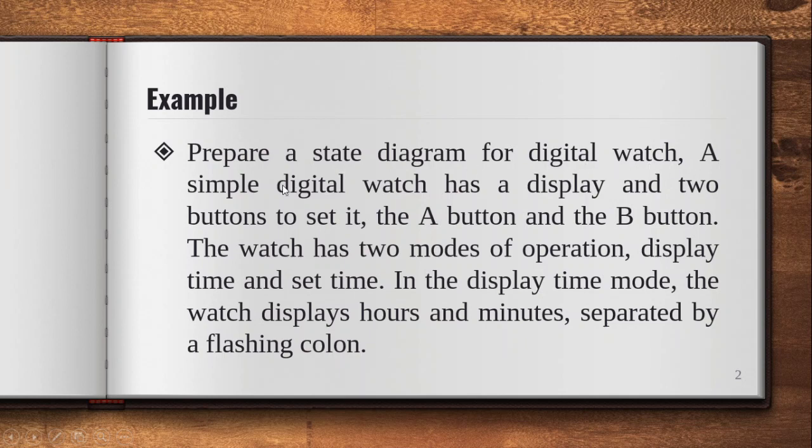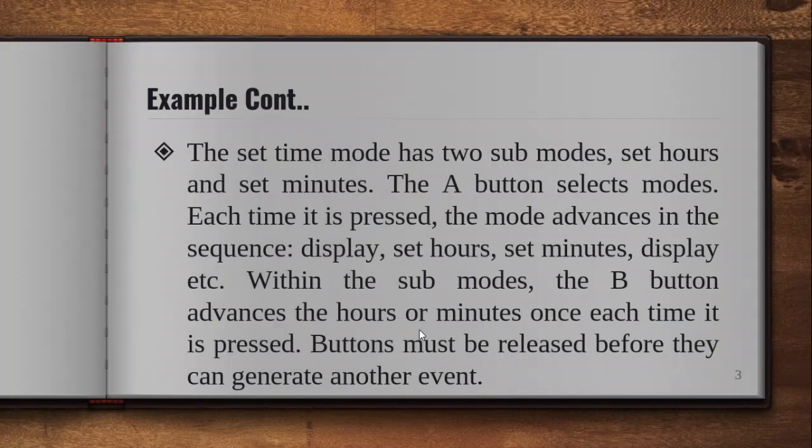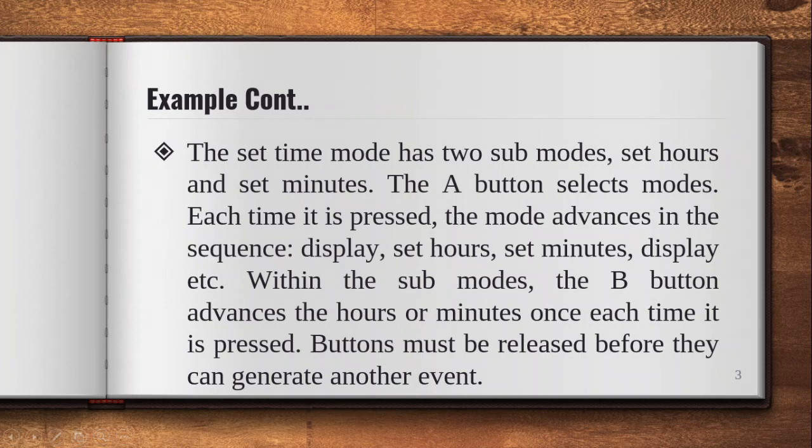A simple digital watch has a display and two buttons to set it, button A and button B. The watch has two modes of operation: display time and set time. In the display time mode, the watch displays the hours and minutes separated by a flashing colon. The set time mode has two sub-modes: set hours and set minutes.